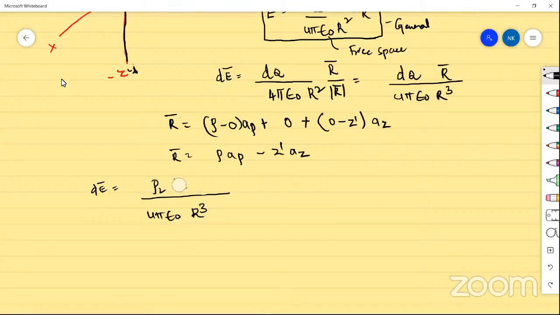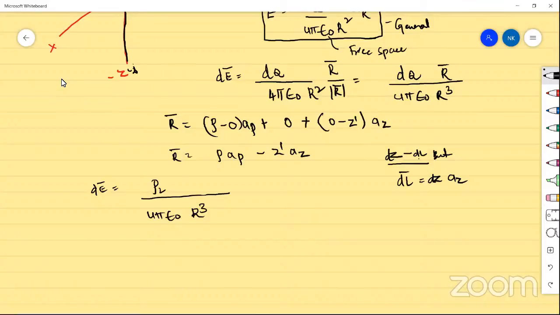In the place of dl bar, what am I writing? dl is nothing but, this L is placed on the z axis. So automatically dl will become dz. So dl bar will become dz into a z.